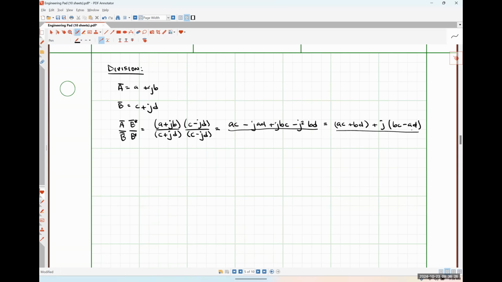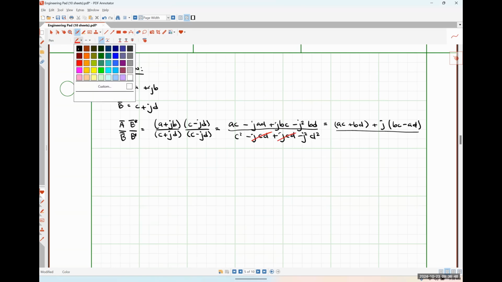In my denominator, I'm going to have C times C, so that's just C squared. I'm going to have a minus jCD, a plus jCD, and then a minus j squared D squared. And very obviously, minus jCD and plus jCD cancel each other out. As we discussed a moment ago, negative j squared is the same thing as positive 1.